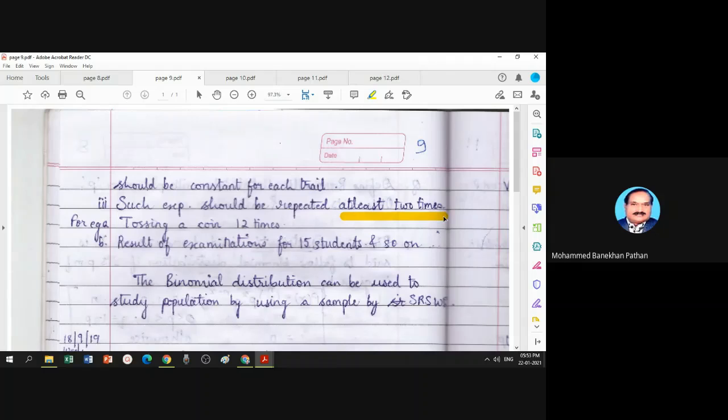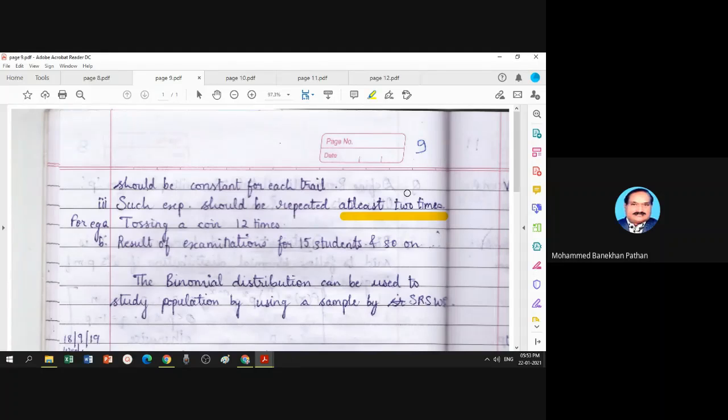If you repeat only 1 time, that is a Bernoulli distribution. If you repeat it minimum 2 times, Bernoulli distribution shifts to the binomial distribution. That is why you have a correlation between Bernoulli distribution and binomial distribution.